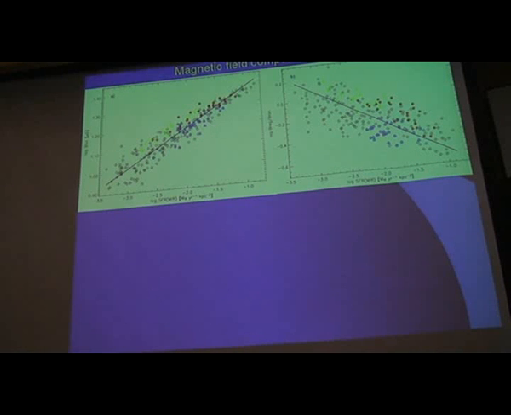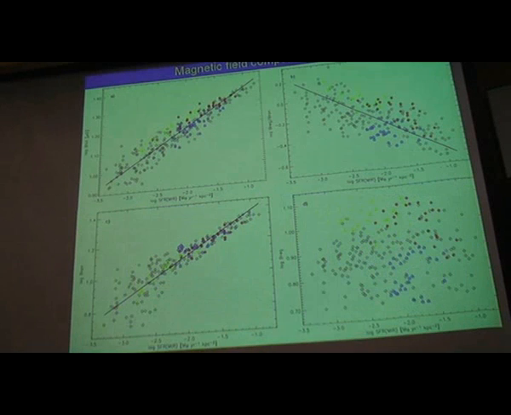What could be the cause for that? I also plot here the random field strength and regular field strength separately. For the random field, you see a very tight correlation with star formation rate. But for the regular field, there is no such kind of correlation.